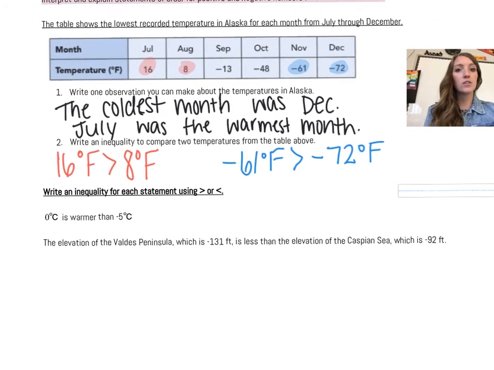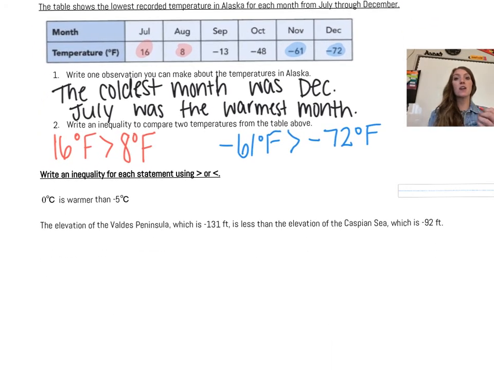Okay, our last 2 problems here, we're going to take written statements and turn them into number inequality problems like we did in number 2. Okay, so if I'm looking at the first one, 0 degrees Celsius is warmer, that's a key word, warmer, to help us out, than negative 5 degrees Celsius.